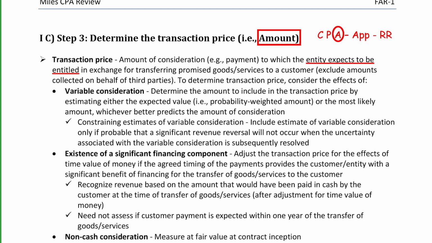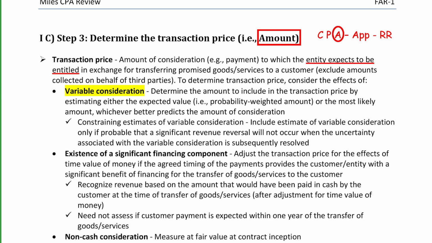To determine the transaction price or amount, need to consider the effects of number 1, highlight variable consideration. So when we talk about variable consideration, basically the consideration is variable and it could result in a reduction of the amount on the contract or an increase of the amount.